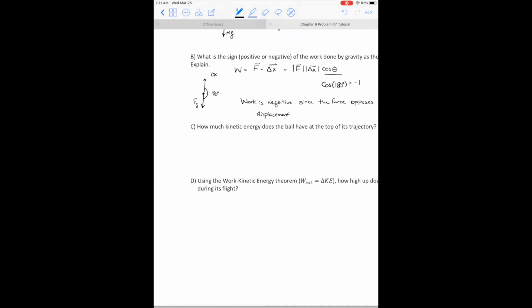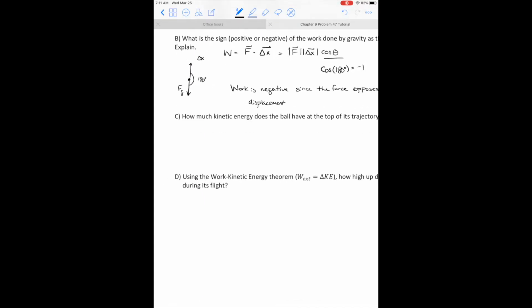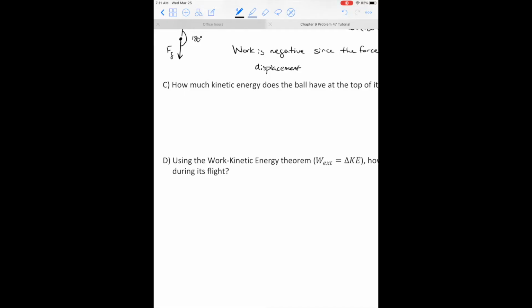How much kinetic energy does the ball have at the top of its trajectory? Explain. So kinetic energy, we've said before, we'll say again, kinetic energy is 1/2 mv squared. If I'm thinking about this ball initially, it goes up, it comes back down, right? I have some initial kinetic energy, some final kinetic energy, and then I also have some kinetic energy at the top that I can quantify.